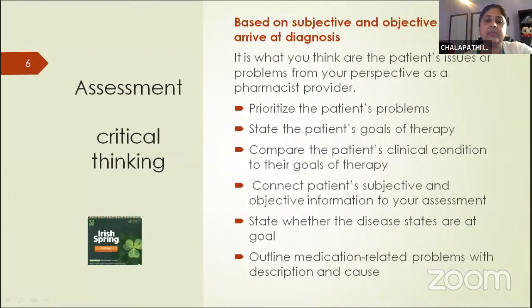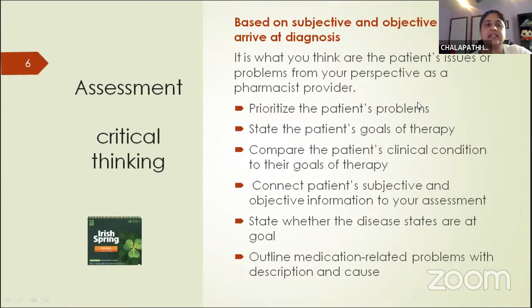In the case of assessment, we prioritize all the patient's problems. We make a note of them. What are the medical problems first? Once you list out all the medical problems and you see what medications they are on, what treatment they are getting, your planning becomes easier. Your assessment also becomes much clearer.